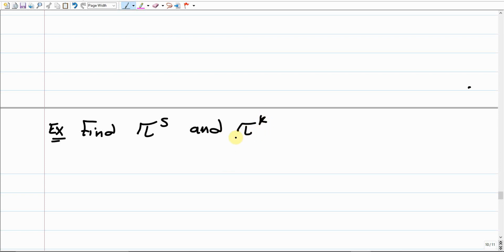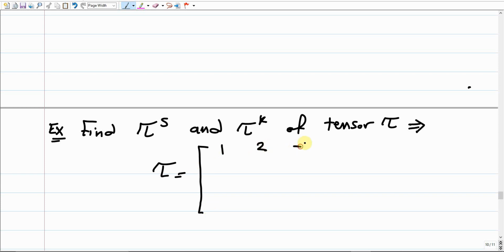That means we are interested in the symmetric and the skew-symmetric parts of the tensor tau, which is already given in this form as tau given by 1, 2, -1, and then -1, 4, 0, and 5, 4, -3.